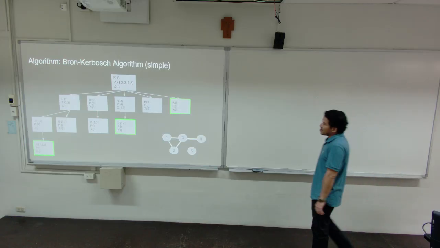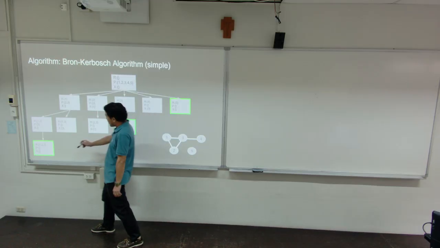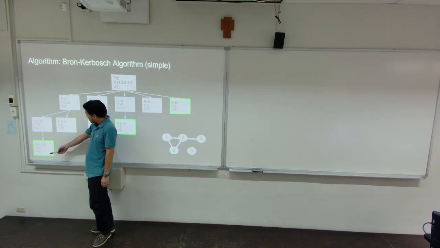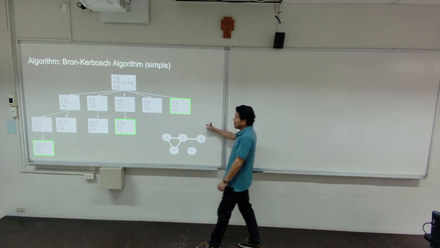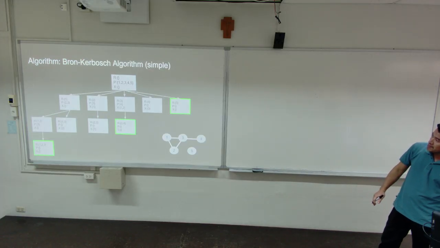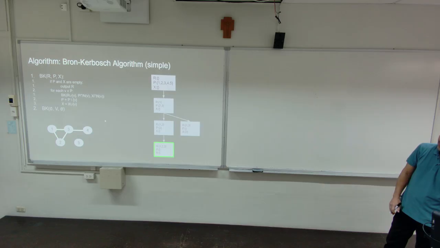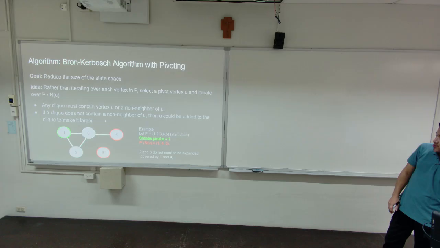As you can see, we have all of these iterations only to determine the maximal. So the maximal is 1, 2, 3, 3, 4, and 5. So in this case, we have this algorithm. So to improve this is to add a pivot.